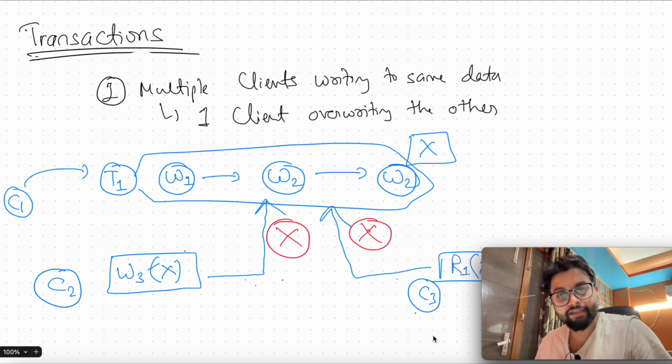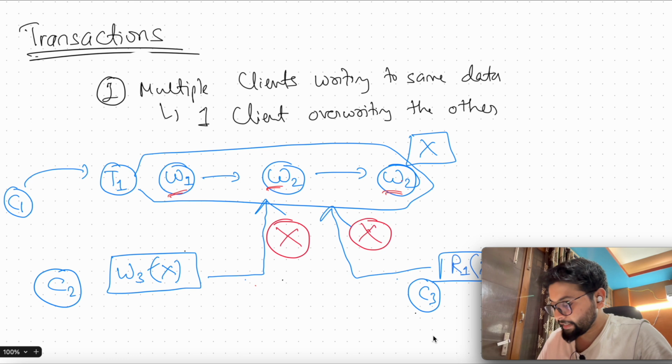Because while the transaction is happening, the data item X is going through a series of writes, right? W1, W2 and W3. So it is not guaranteed what the value of X should be while in the transaction T1.